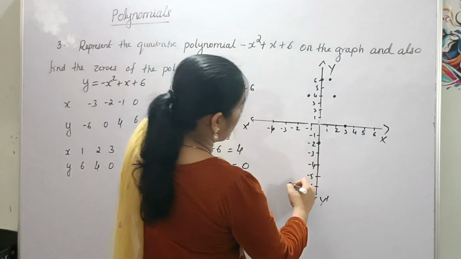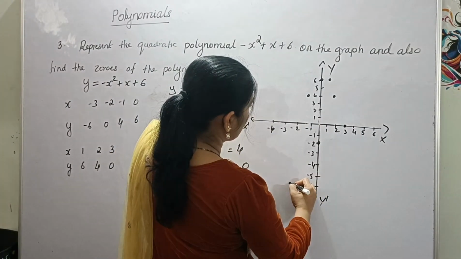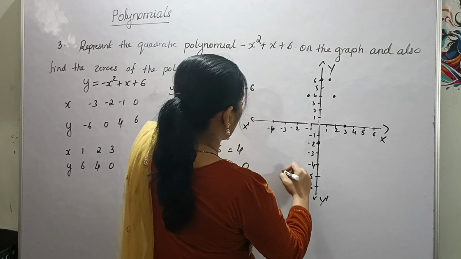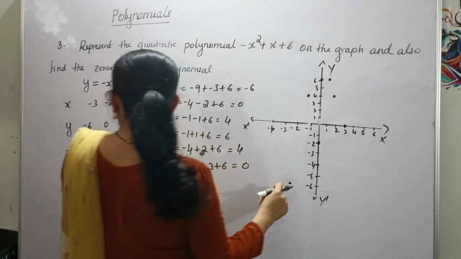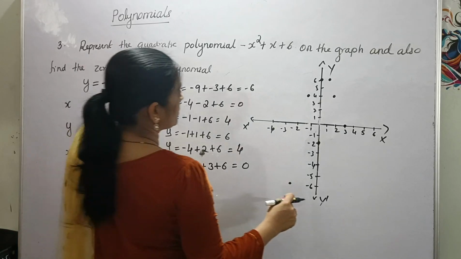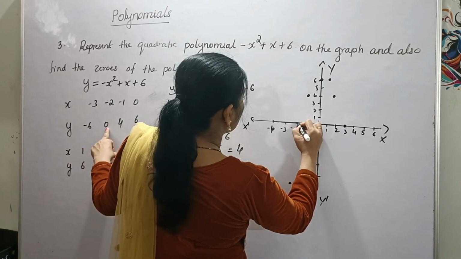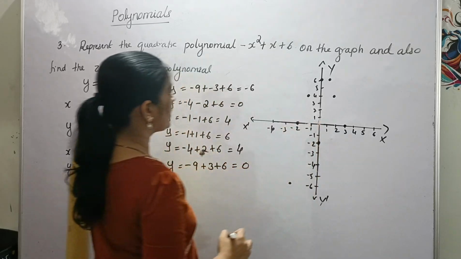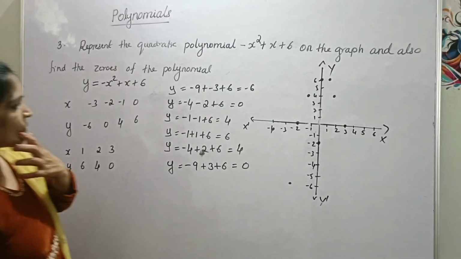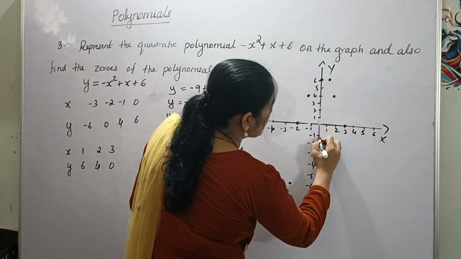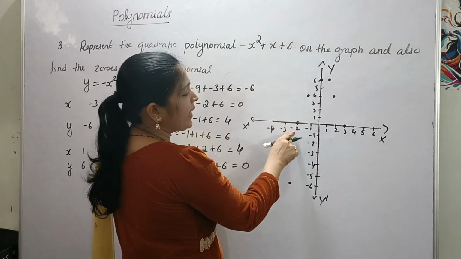So here, let's try to join it. Here when x is equal to minus 2, y is 0. Here. Okay. So it is not the point. Okay. When x is equal to minus 2, y is 0.